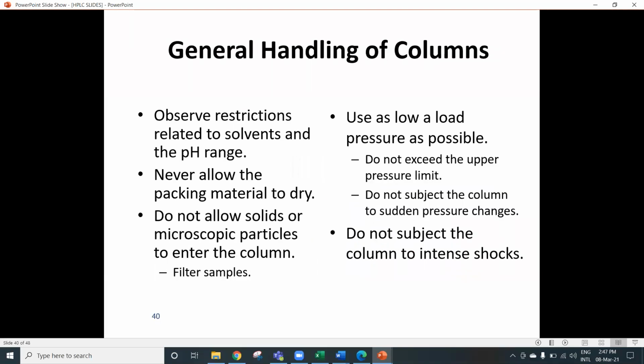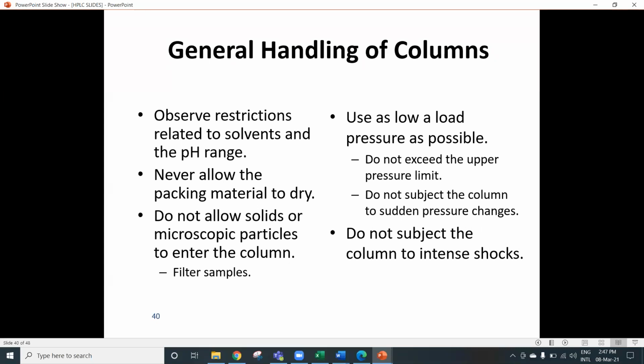So in handling this column, there are some restrictions that we must observe. You must not allow your column to go beyond a certain pH range, because in HPLC you can use buffer solutions as your mobile phase. When you're preparing a buffer that has a very high or very low pH, you don't want that to occur, because high or low pH will degrade the components of your column.